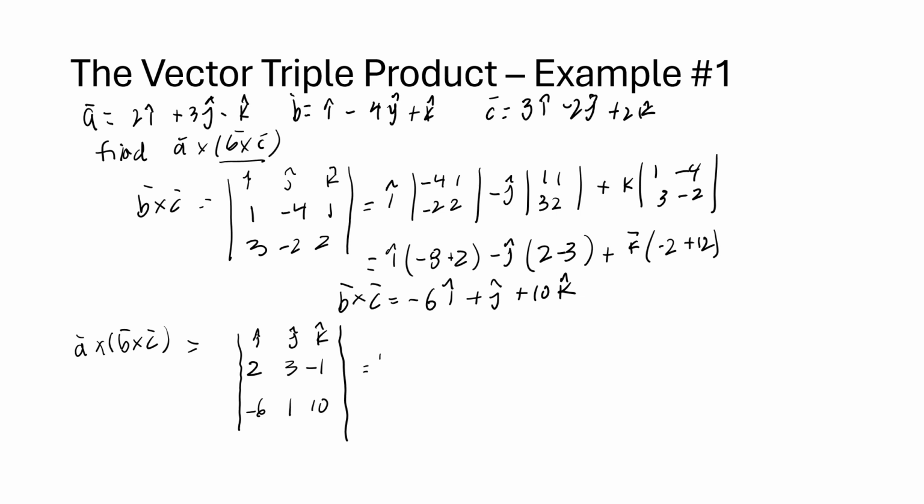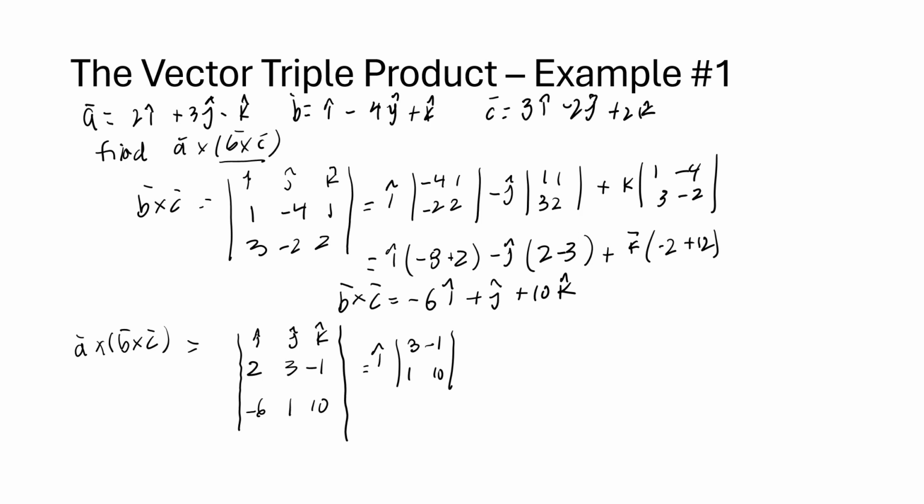Expanding that out, we're going to get i times 3 times 10, minus minus 1 times 1. Let me erase that.